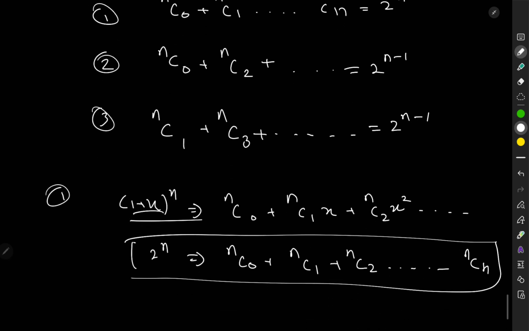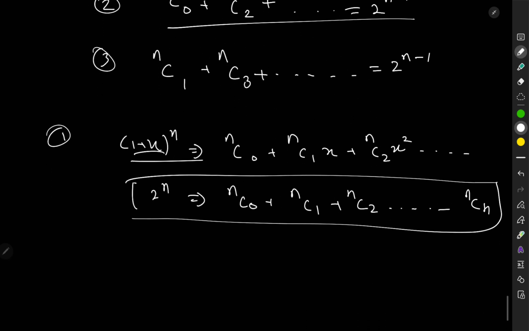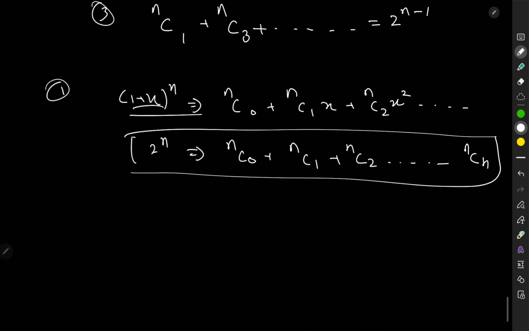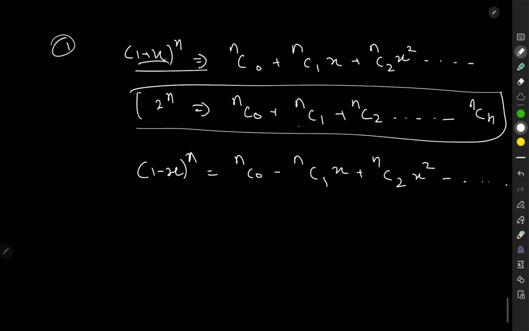So what about this? Let's substitute in this formula. nc0, we'll get something like this, right? nc1x, sorry, yeah, correct, plus nc2 x square minus something, right? So in this case, let me just take these odd terms on the other side.